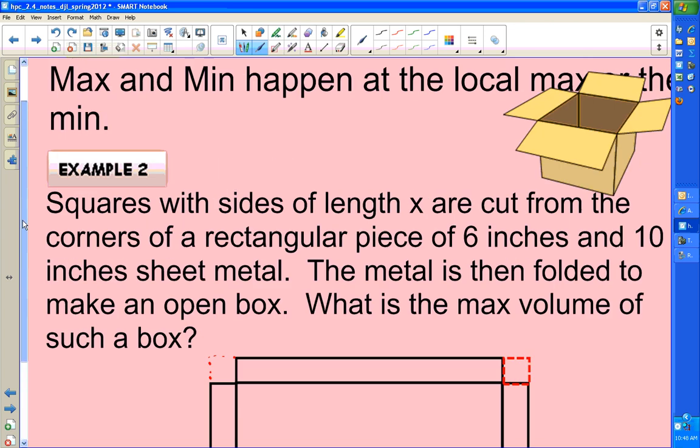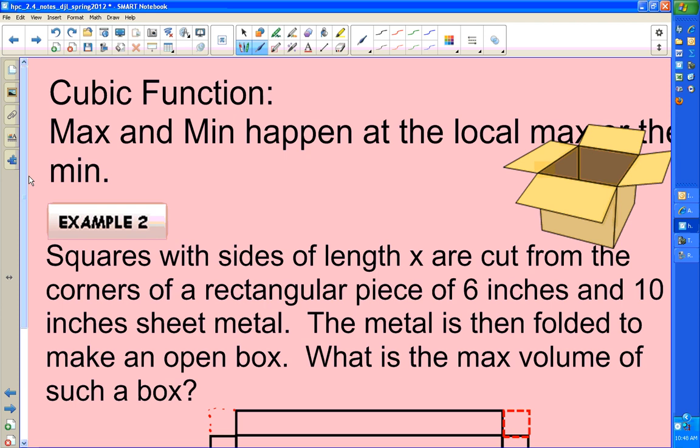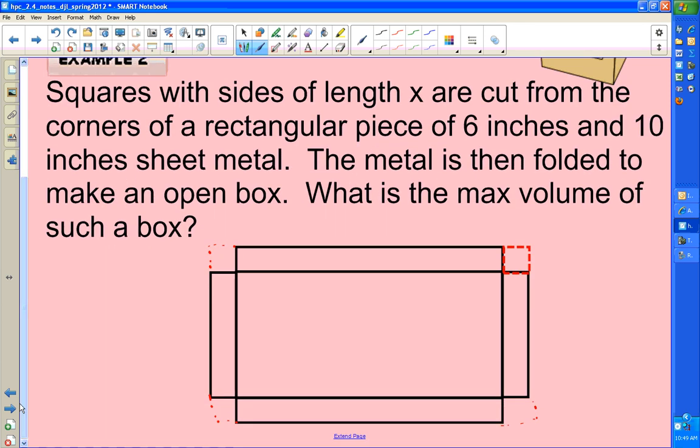Now the problem is, when we're writing the function, you're going to see it's going to be cubic. So the cubic function is going to be more difficult to figure out what the max and min values are. Okay? So, we're telling you we're cutting out sides of length x. That's usually your unknown.